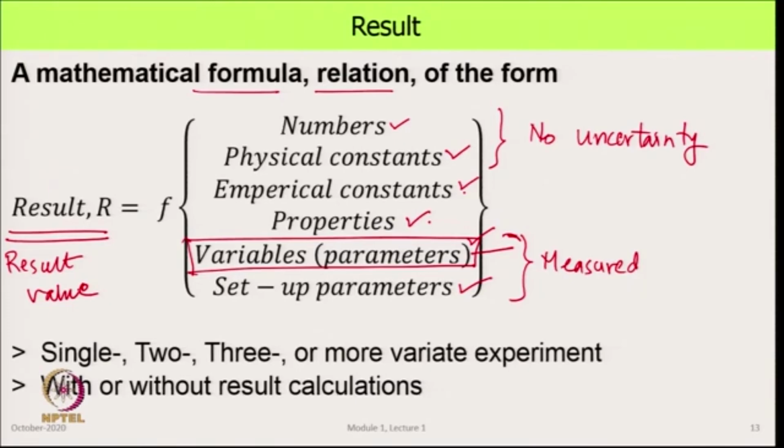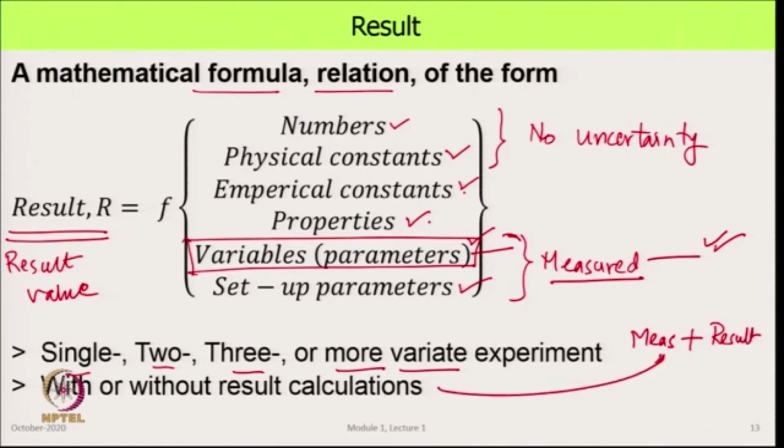You could have an experiment where the number of variables could be single, 2, 3 or more, and these are single variate, 2 variate, bivariate, trivariate experiments. And we could be using the data either directly as the measurement came, which is these values. So, they are our reported data, or it could be that we report measurements plus a result, and that is what this part is.